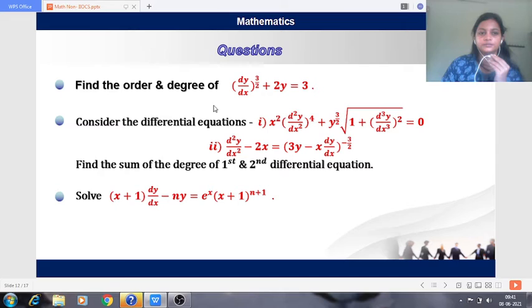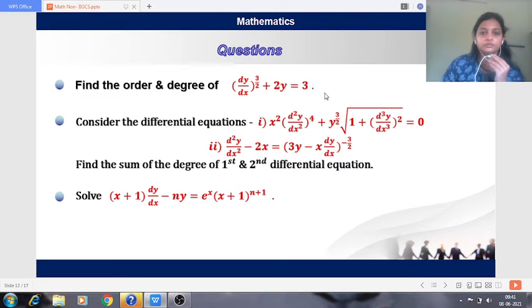Now we see some questions. The first question is: find the order and the degree of (dy/dx) to the power 3/2 plus 2y is equal to 3. Here we see that the power of the derivative dy/dx is fractional. So what do we do? We square both sides.